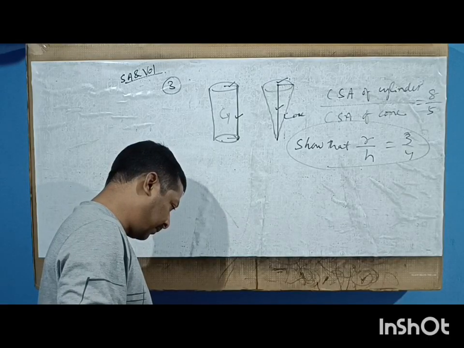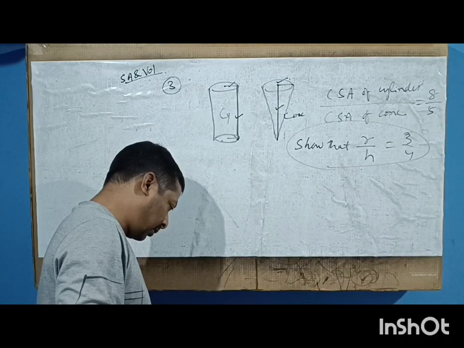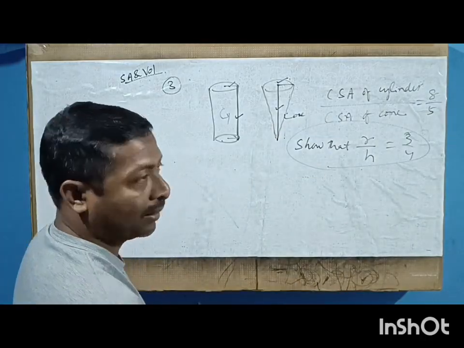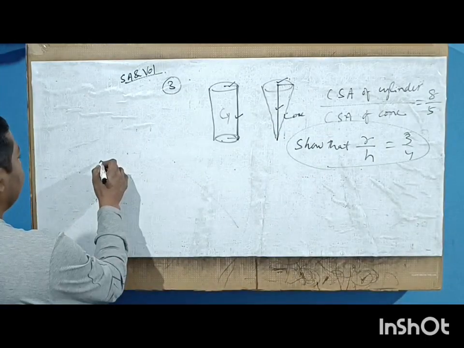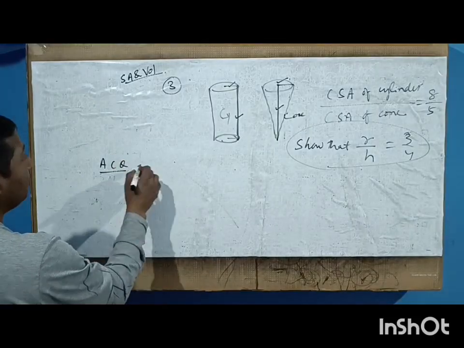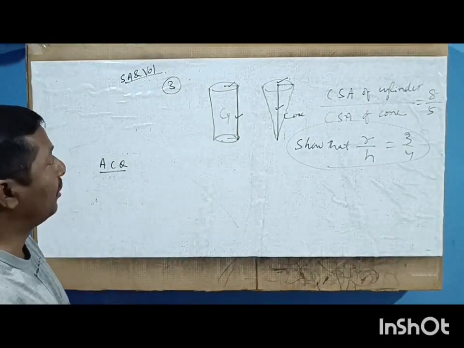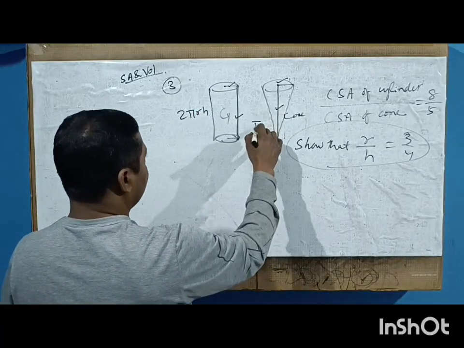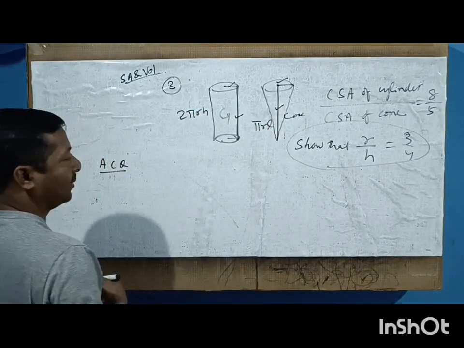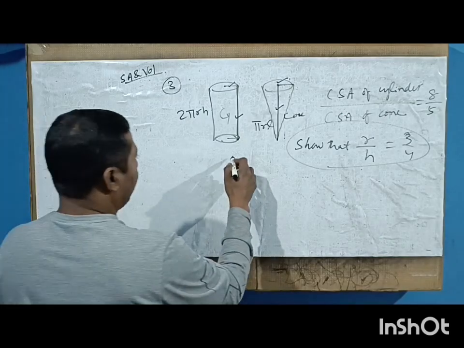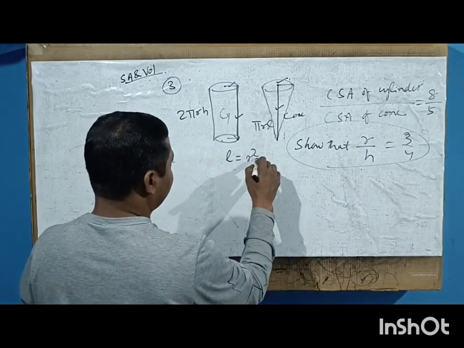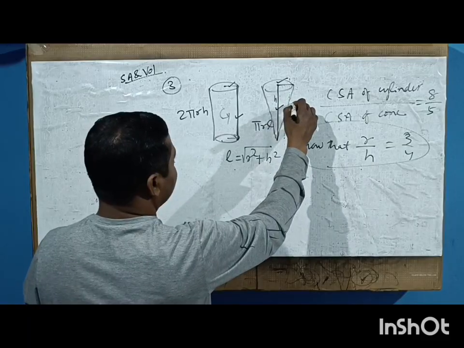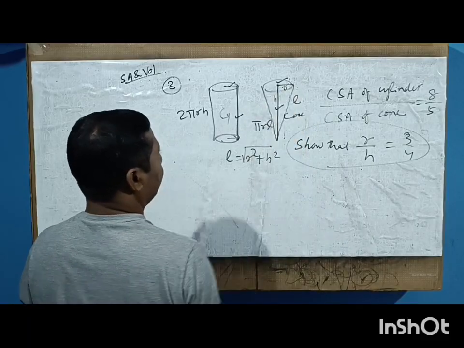So according to the question, the curved surface area of cylinder is 2 pi RH and the curved surface area of cone is pi RL. Again, L is equal to the square root of R square plus H square, because this is H and this is L and this is R.